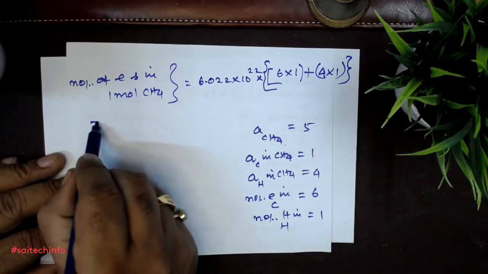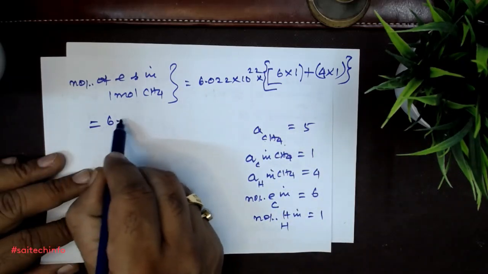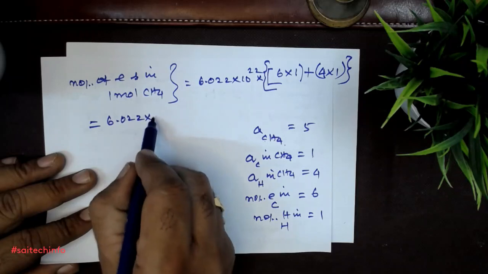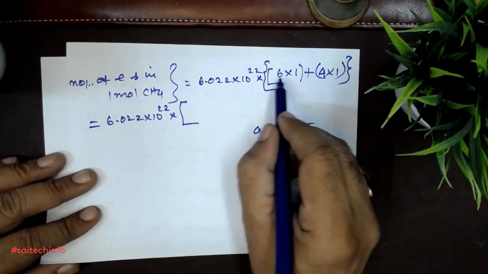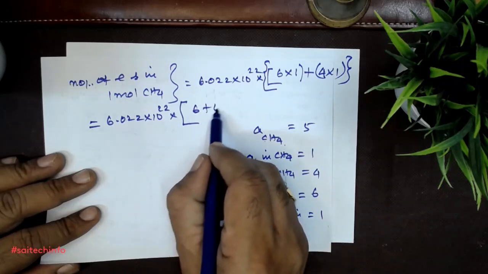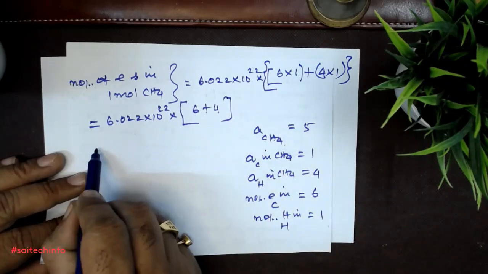So that is equal to 6.022 into 10 power 23, open the bracket, 6 plus 4, so totally 10 electrons.